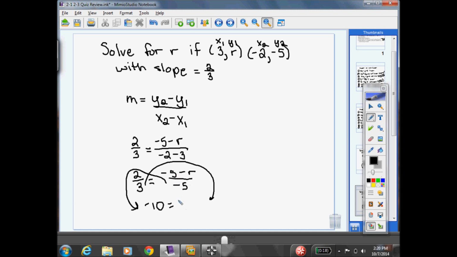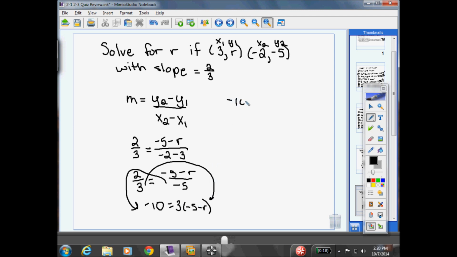So this one turns into 3 times (-5 minus r). Okay? The only reason we put this step in here like this is so that you don't lose anything. Okay. Josh, I'm going to call on you.